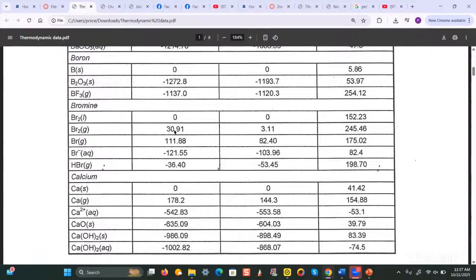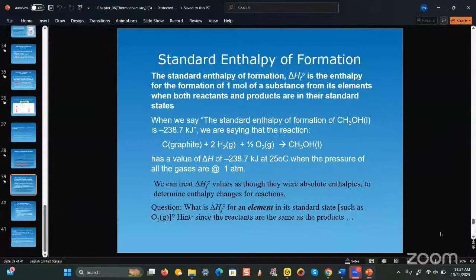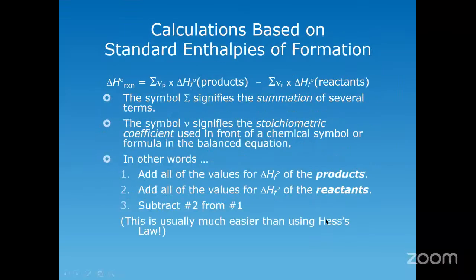All right. The thing about these values here is that we can actually use these values to determine the enthalpy change for a particular reaction. So let me go back to the PowerPoint here and scroll down. Basically, the way we use these values is described by this equation here.